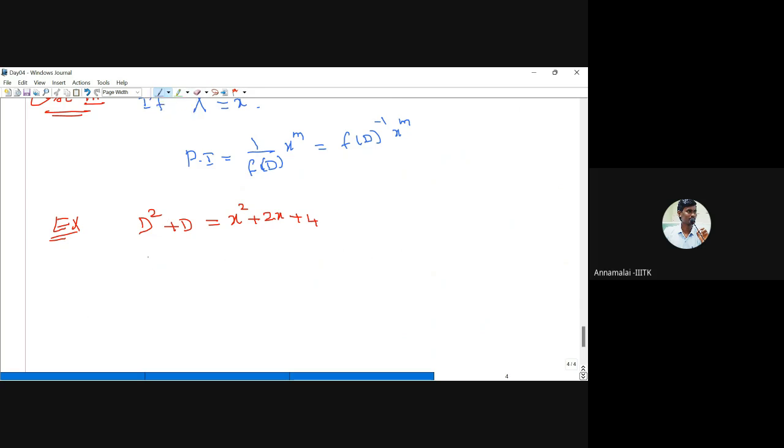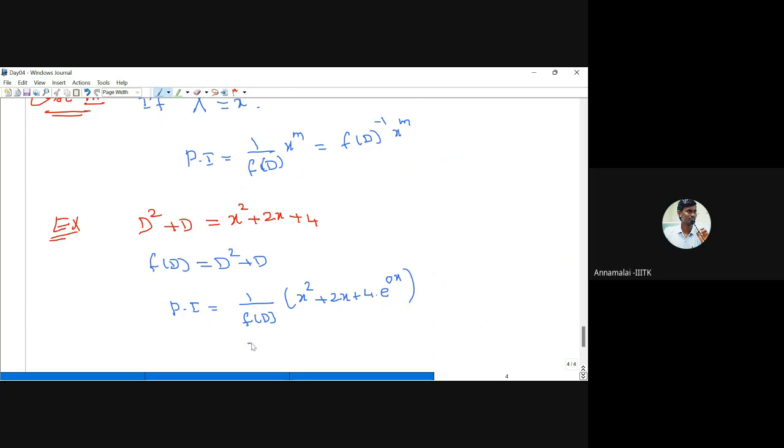What is f of D here? f of D is D square plus D. Therefore the particular integral is 1 by f of D into x square plus 2x plus 4. But 4 can be written as 4 into e power 0x, because anything to the power 0 is 1.